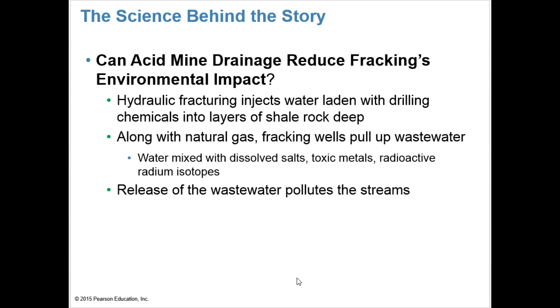Previous work from the team found that the standard treatment of this wastewater was only partially effective in removing its contaminants. Clearly, a more effective method of treating wastewater would be necessary to protect the water quality near fracking sites.